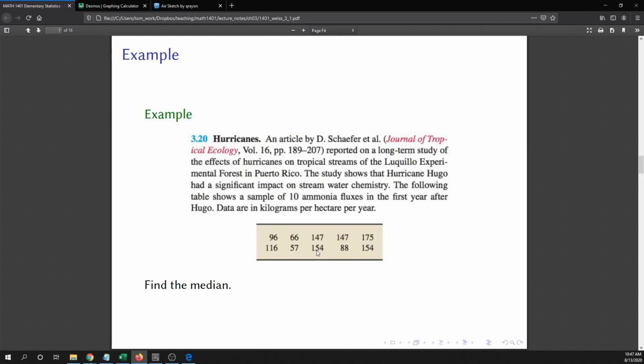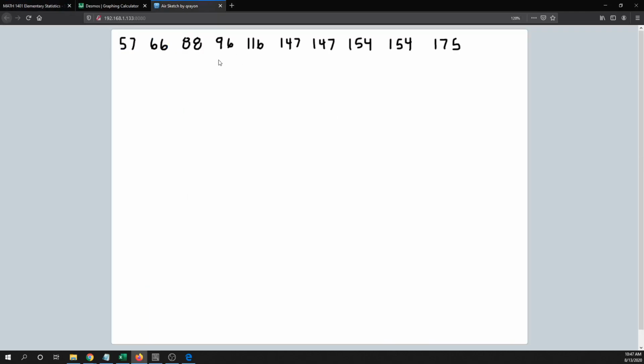Then these 154s, 2 of those. And then finally 175. All right, so there are the observations in order.